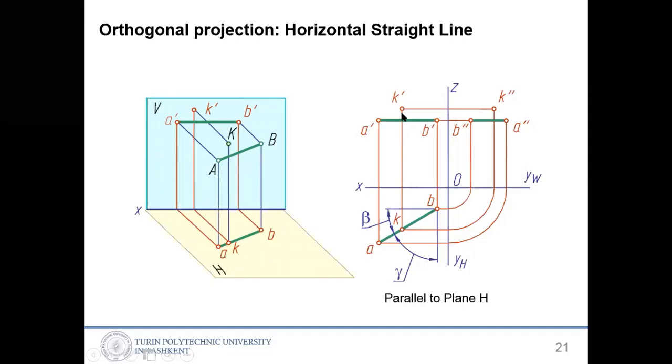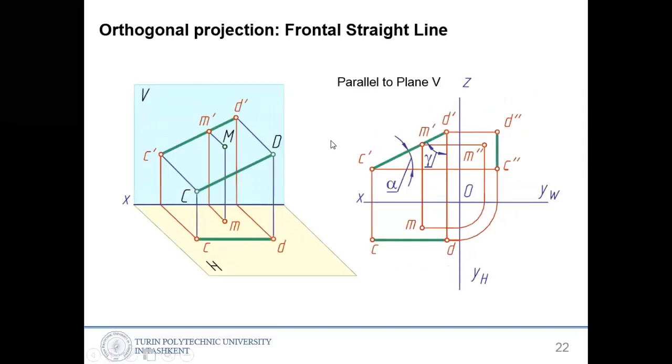So if in any projection it doesn't lie on the line, that point doesn't lie on it in real 3D space. Understood?